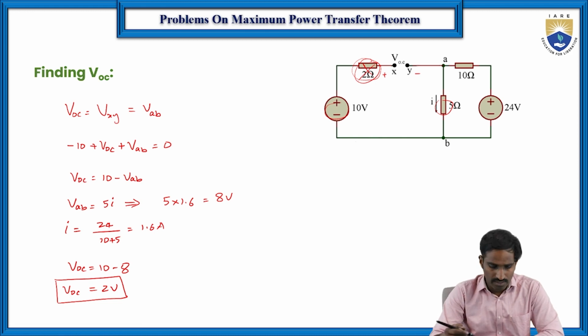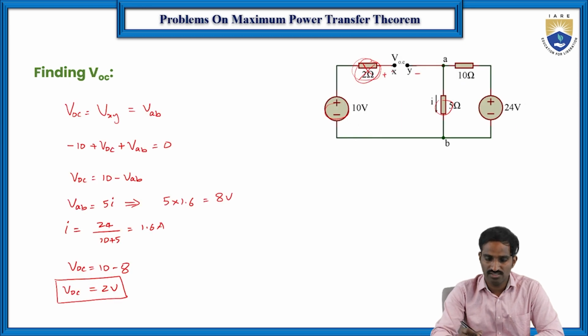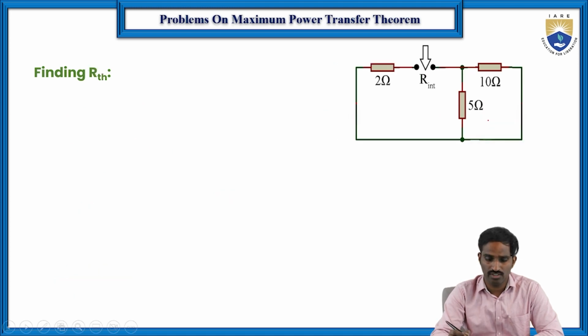Now we are going to find R Thevenin, the same across these two terminals. We need to find the value of R Thevenin. Here the voltage sources should be replaced with short circuits, and this voltage source should be replaced with a short circuit. That's what we have done.